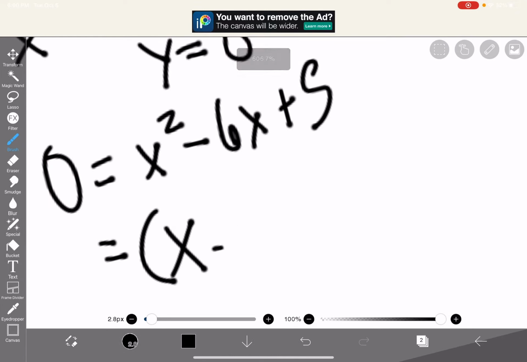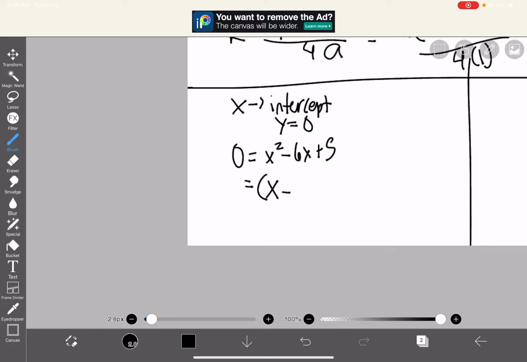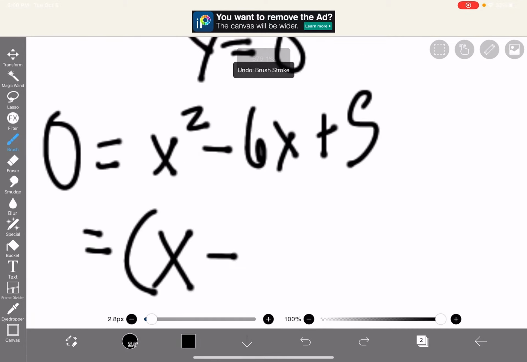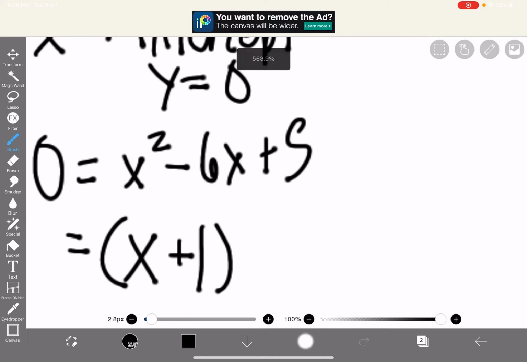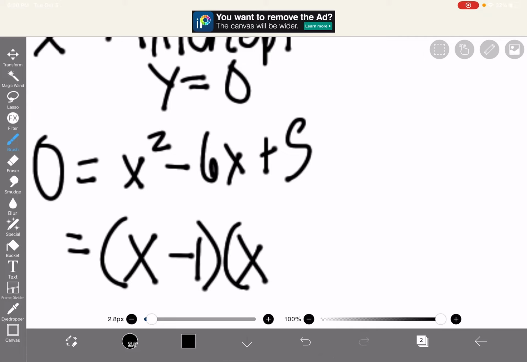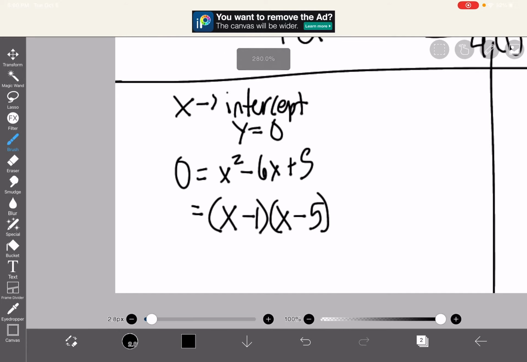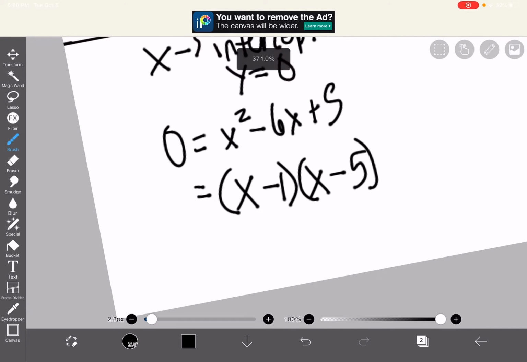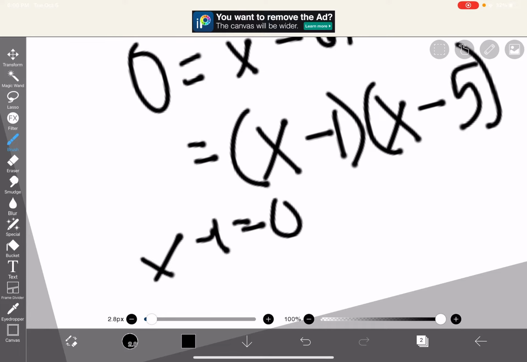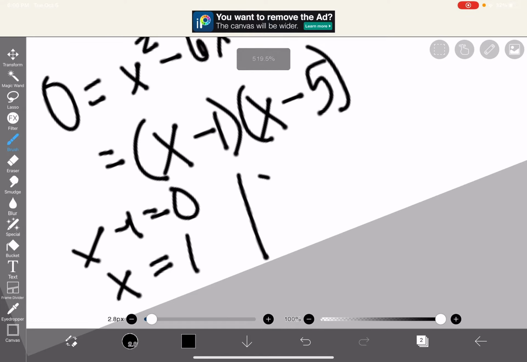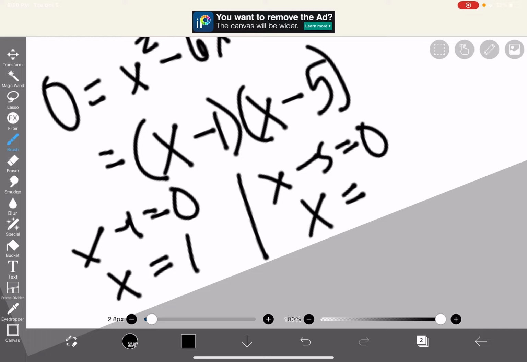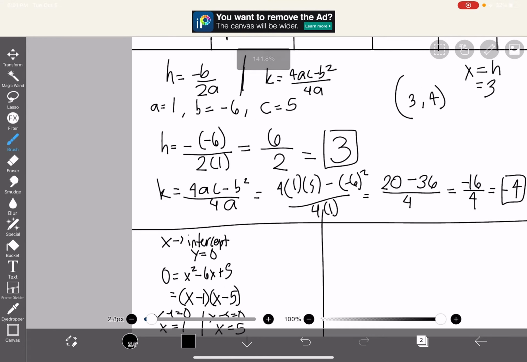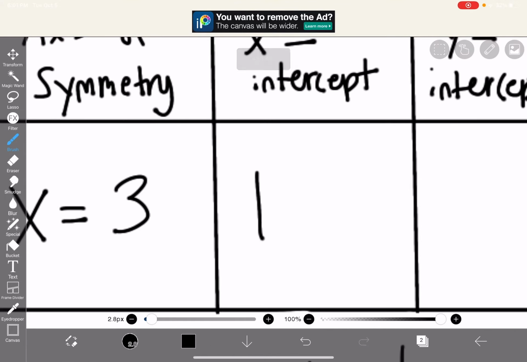And we can use factoring: x minus 1, x minus 5, but remember to substitute and transpose. So the x-intercepts are 1 and 5.